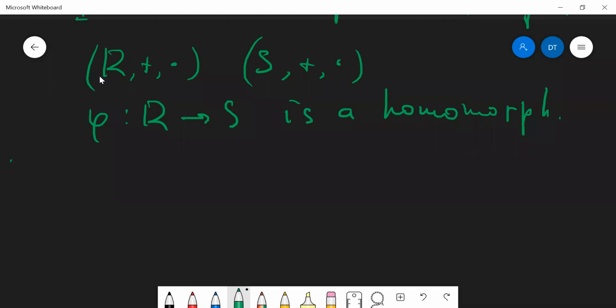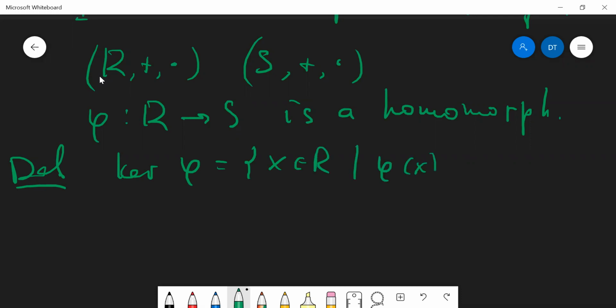So, the definition, what is the kernel? The kernel is the set of all elements, say, x from R, such that phi of x is equal to 0. So, all the elements go into the 0, to the neutral element of the addition, not multiplication, addition.